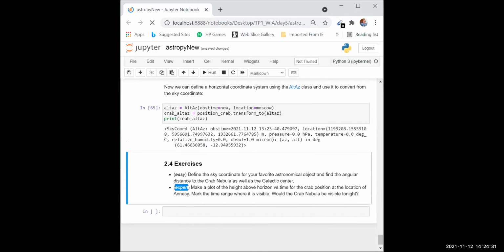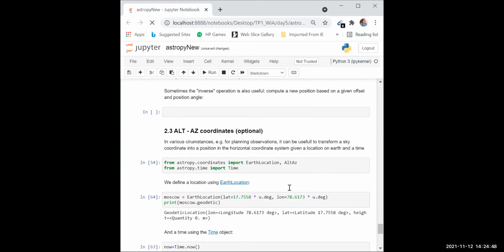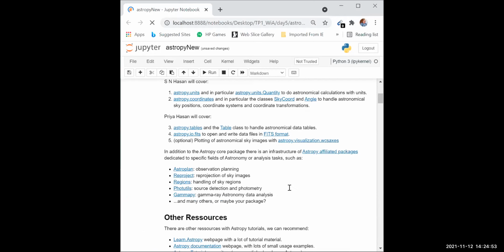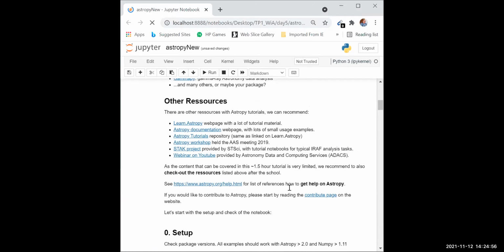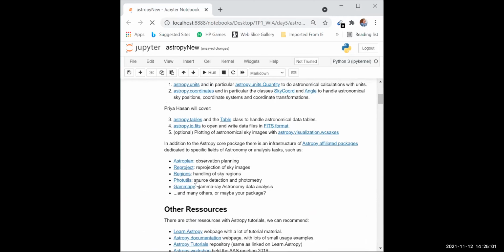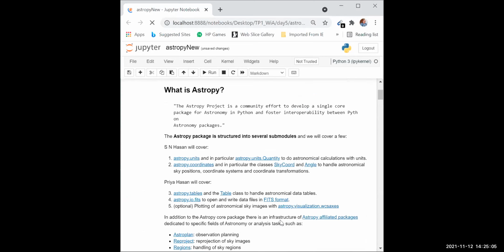So with this, I will stop my presentation, and if there are any questions we can try to answer, or Priya will now continue and she will handle the other aspects, which is essentially looking into how to read and write FITS files and read images, and she'll be looking at Astropy tables, Astropy FITS format, and so on.